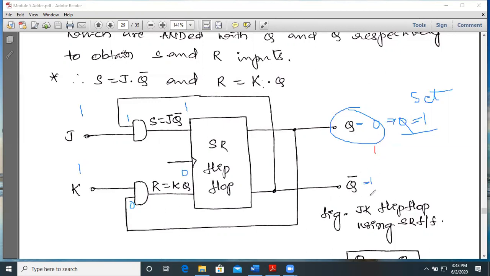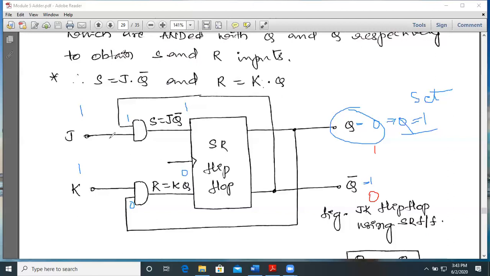If Q is equal to 1, obviously we need to make Q bar as 0. Now let us write the inputs for S and R. How to write the inputs for S and R? Here it is 0, so thereby we are getting J as 1. So J is already 1 and Q bar is 0.